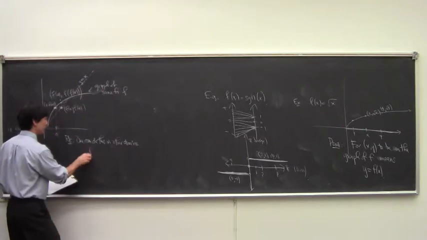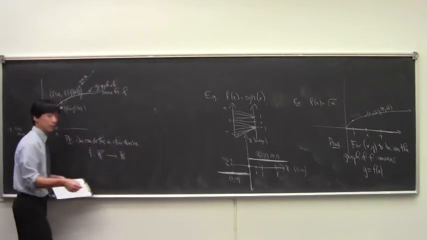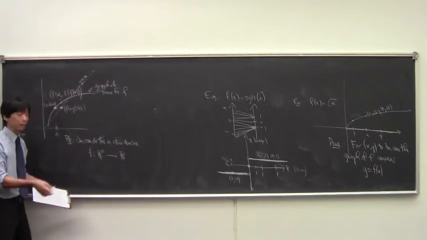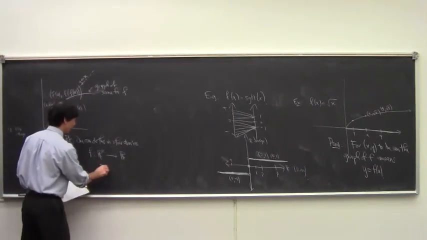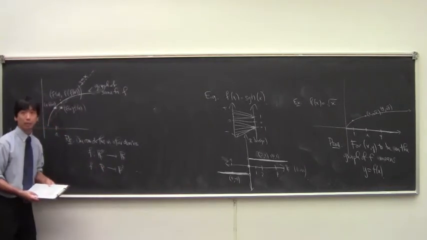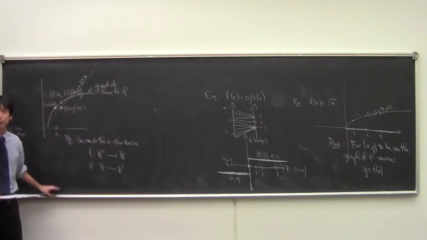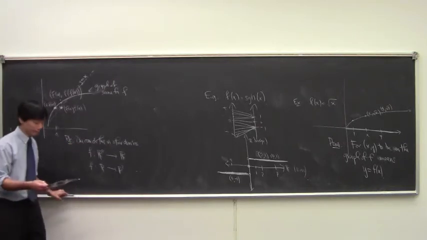You could have some function going from R2 to R, some function going from the plane to R. You could have some function going from R into the plane, et cetera. But in this class, we're only going to stick with functions going from one variable to a single variable. Okay?